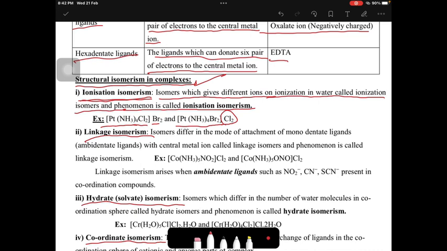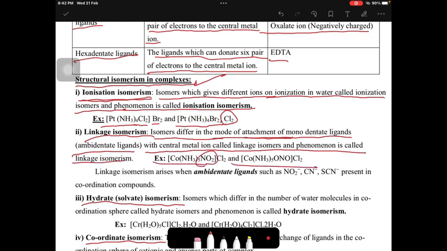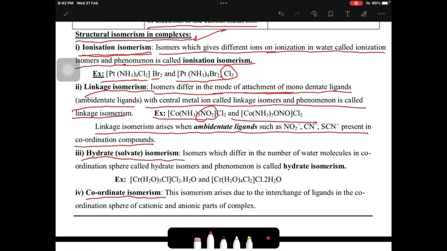Linkage isomerism: isomers that differ in the mode of attachment of an ambidentate ligand to the central metal ion are called linkage isomers, and the phenomenon is called linkage isomerism. Linkage isomerism arises when ambidentate ligands such as NO2 minus, CN minus, SCN minus are present in coordination compounds.